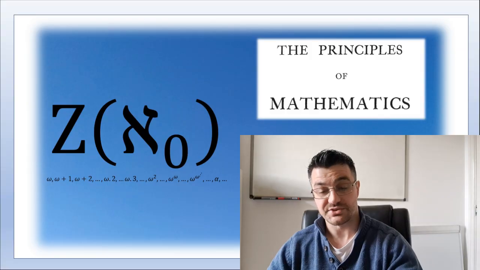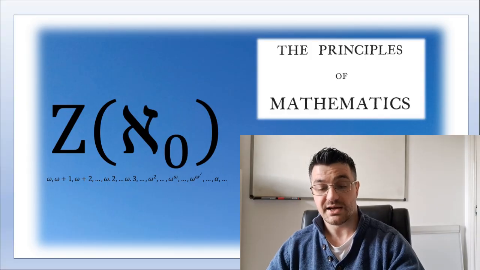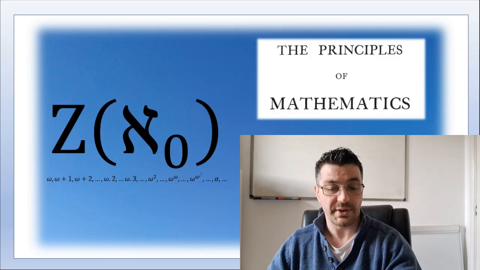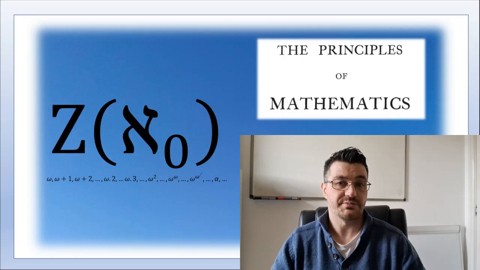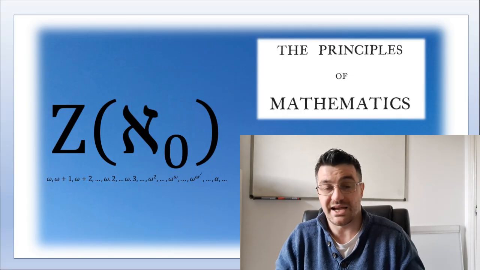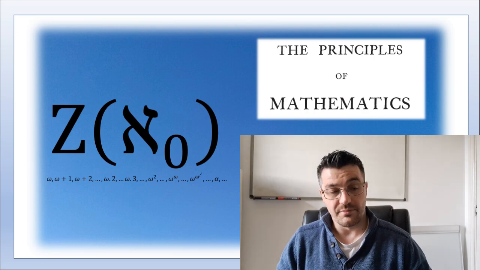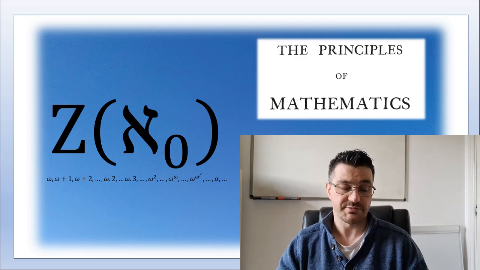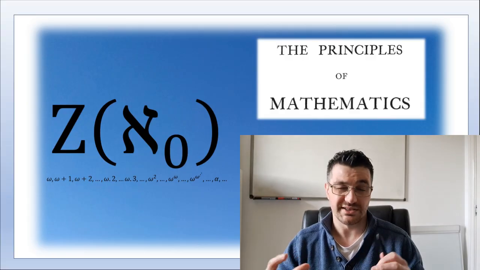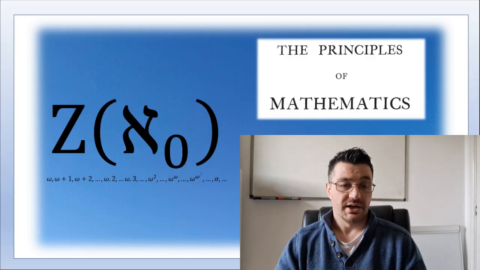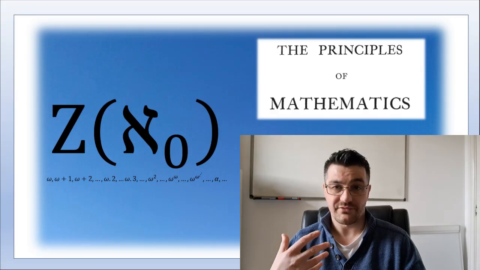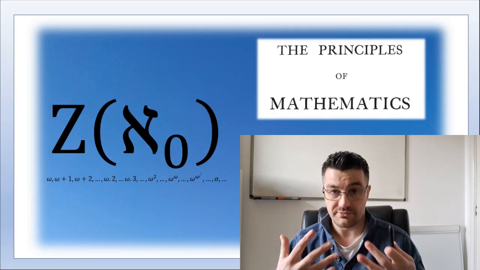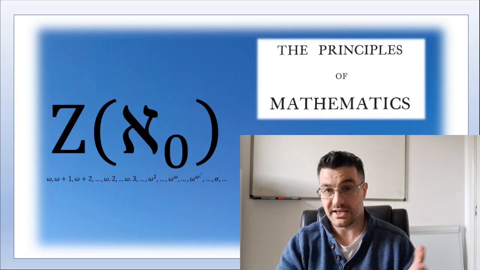So if it does seem that I'm just reading the words of the page and not really saying anything, that's probably because I am. But the reason I'm going through things in the way that I am is because it's so difficult to condense Principles of Mathematics down. So for what it's worth, I may as well just read it out in its entirety.